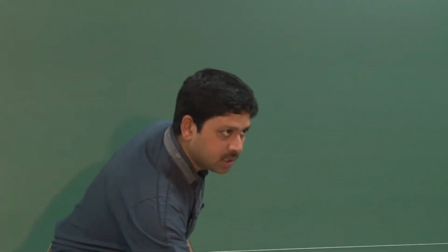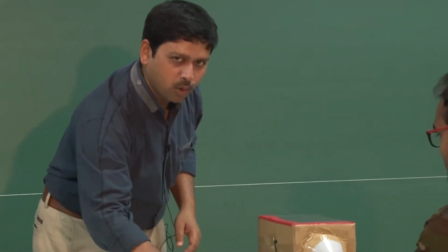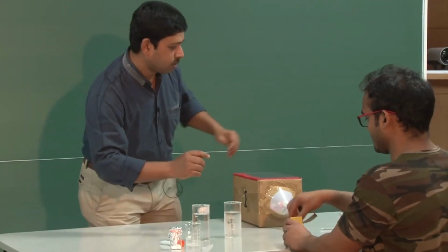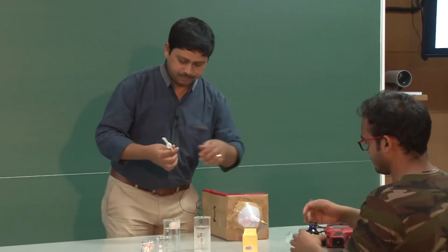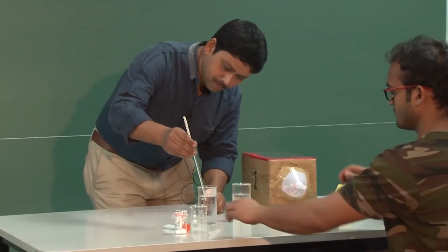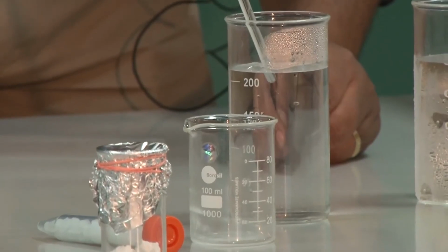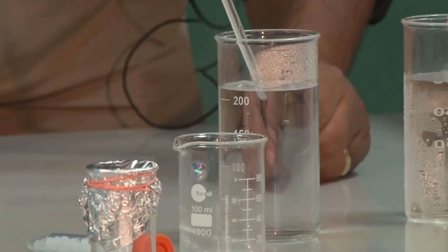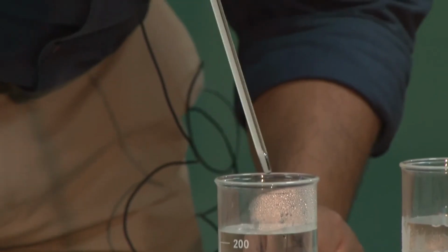So, this is ice cold water and this is warm water. It is not very hot. So, what is the temperature of that? Can we just measure it? 40°, just 40°, enough.